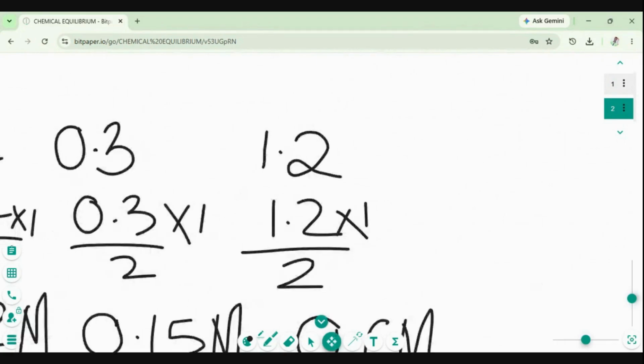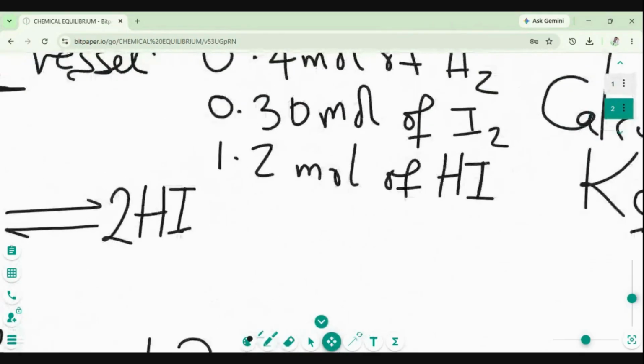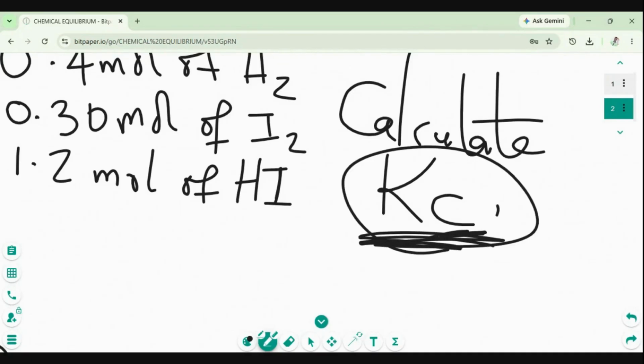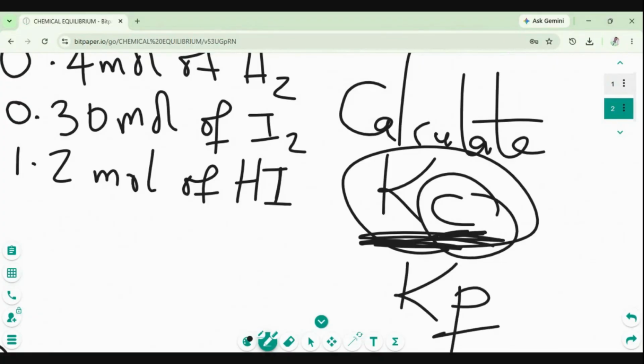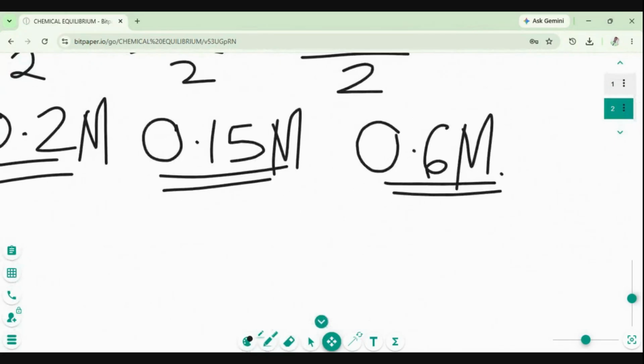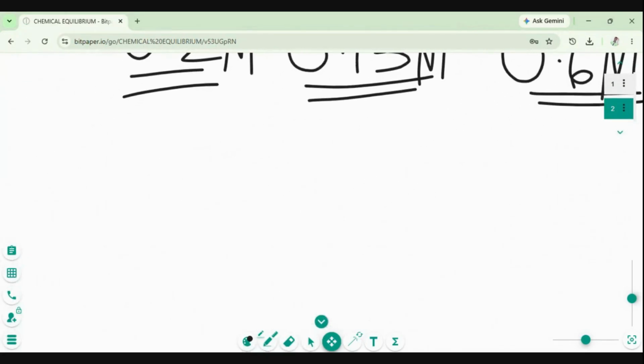And since the question is looking for Kc, the concentration equilibrium constant, when I ask for Kp, then I want pressure, not concentration. But for this case, I'm looking for C. I want concentration.